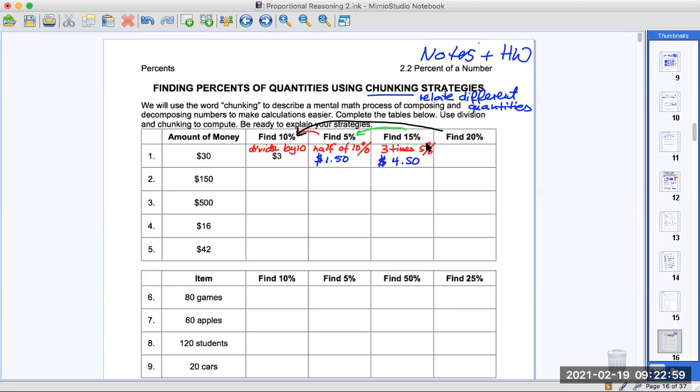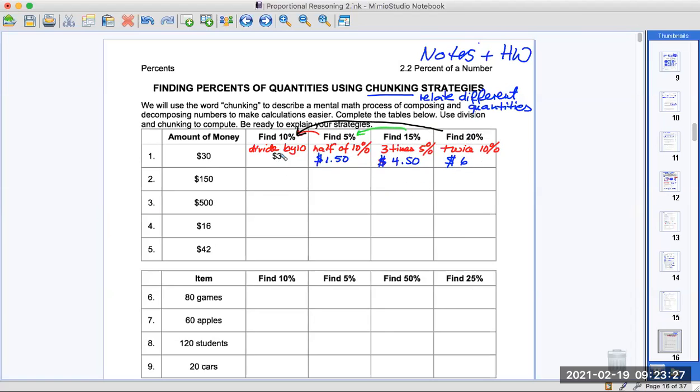So I'm going to chunk those two together and say twice 10%. And that goes for the whole column, okay? 20% is twice 10, so this has to be twice $3, so that's $6. And that's it, you don't need 0, 0 here.